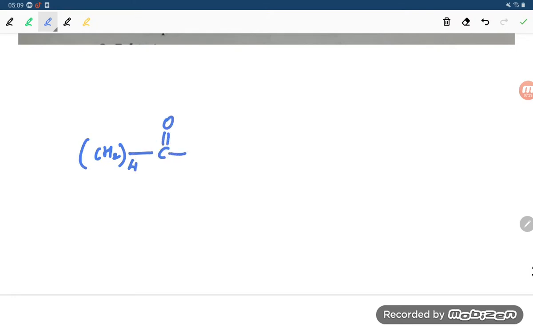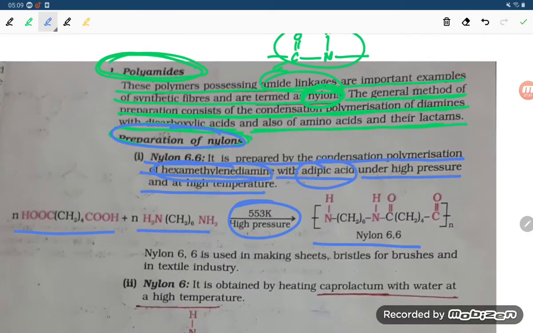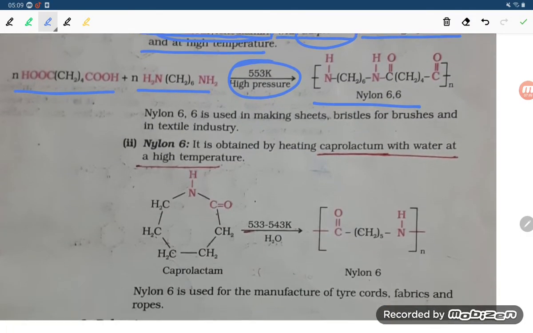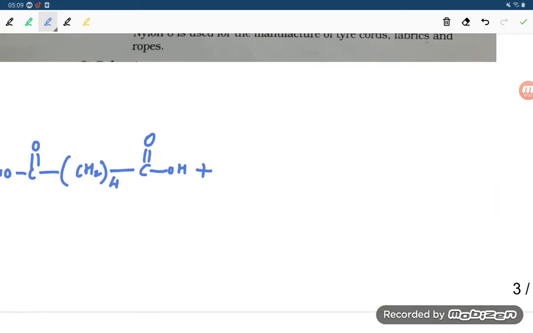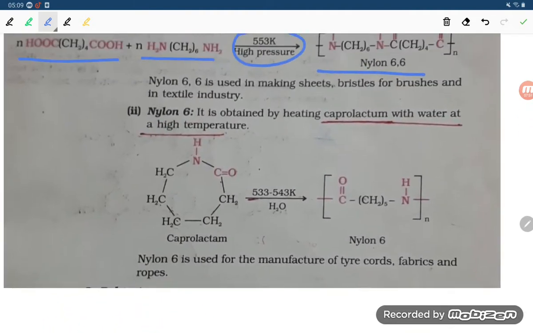C double bond O and OH here, and this side is also bifunctional in nature, so it will also have an OH group on this side. And when it reacts on this side, hexamethylene diamine is formed.